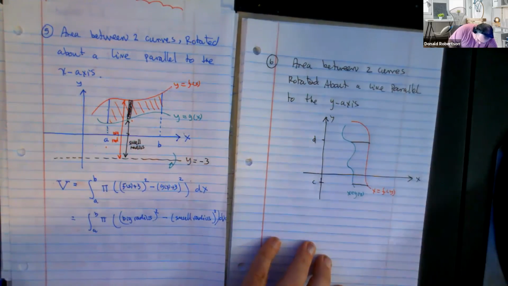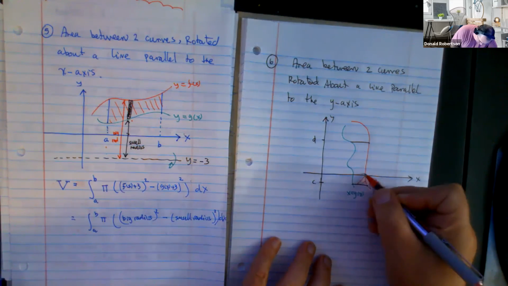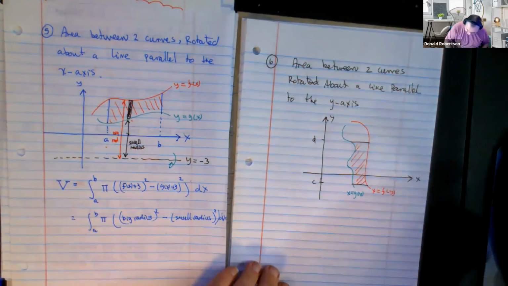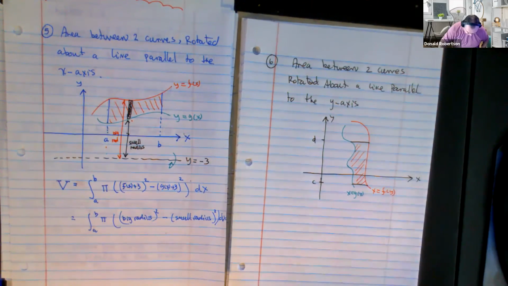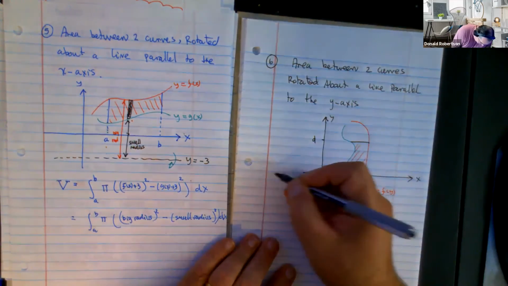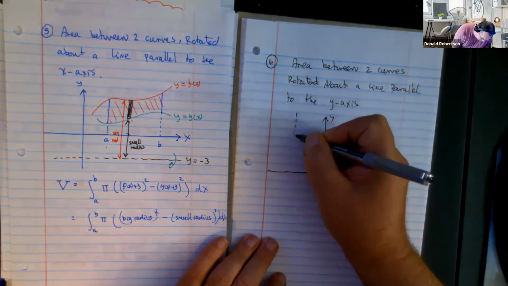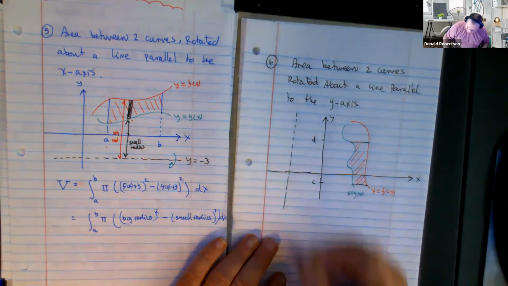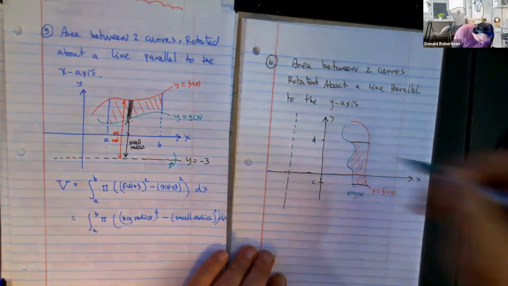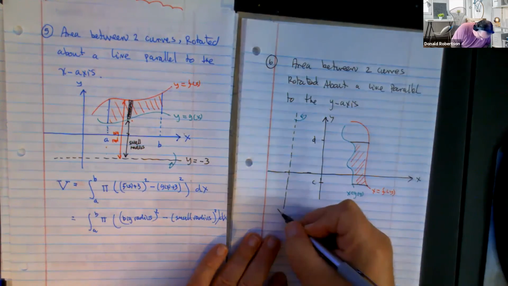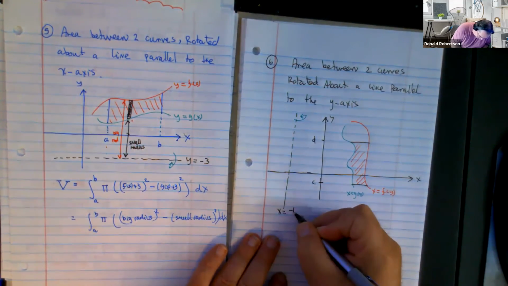The area that's going to be rotated then is the area between the two curves. And we are going to be rotating this fella on an axis that's parallel to the y-axis. And maybe it will be something like x equals -4.